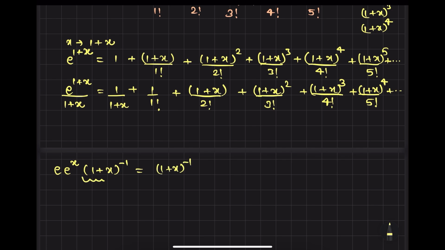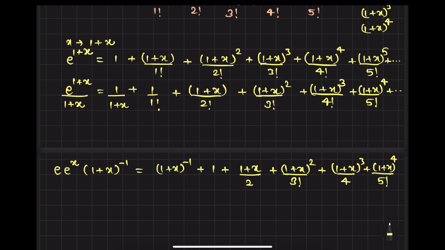Hope you remember this person. 1 plus x power minus 1, plus 1 plus 1 plus x by 2 plus 1 plus x whole square by 3 factorial, 1 plus x cube by 4 factorial, 1 plus x power 4 by 5 factorial dot dot dot.